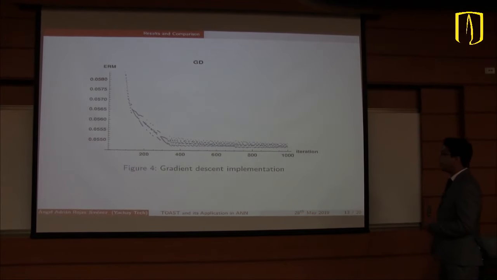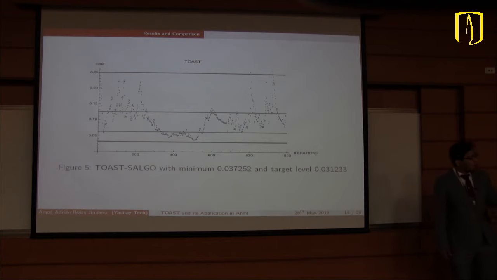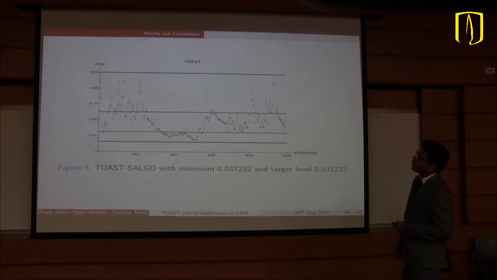The gradient descent method after 1,000 iterations is around 0.054. But our method can really approximate the Griewank function, and we can see the oscillations of the Griewank function in this plot.